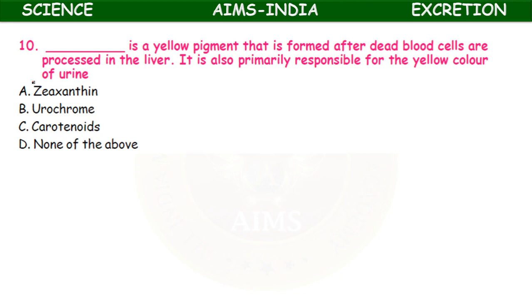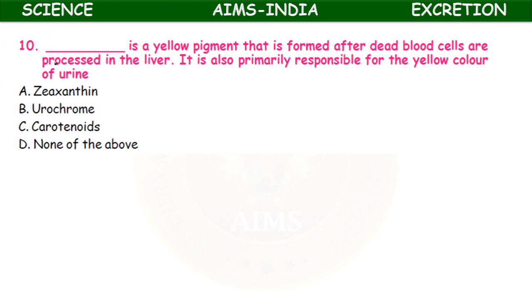Dash is a yellow pigment that is formed after the dead blood cells are processed in the liver. It is also primarily responsible for the yellow color of urine. Xanthin, urochrome, carotenoids, none of the above.